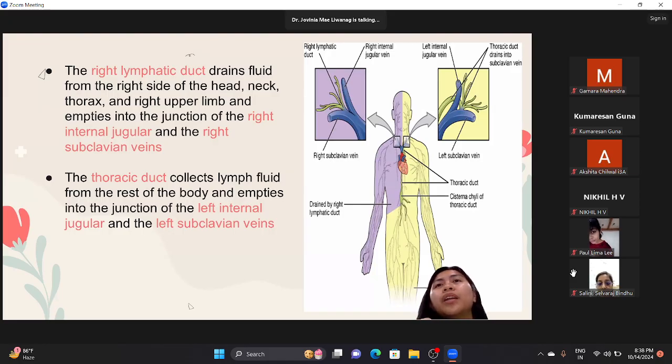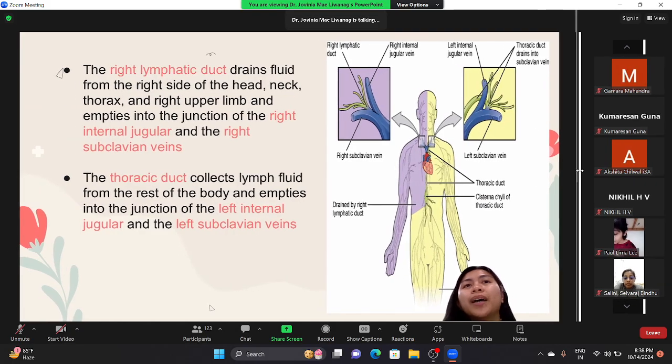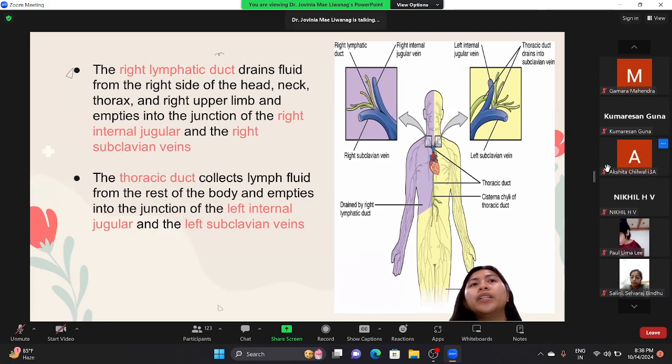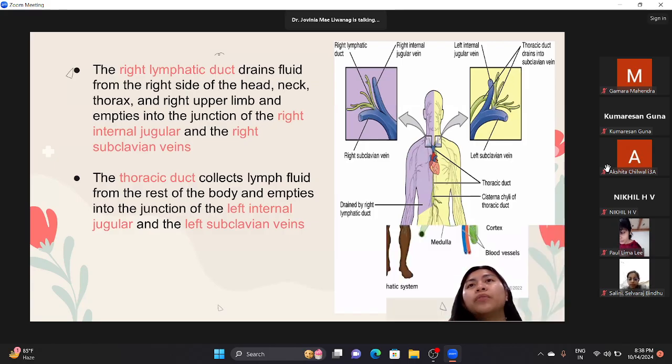This includes the right side of the head, neck, thorax, and the right upper limb, and they empty into the junction of the right internal jugular and right subclavian veins. The thoracic duct collects lymph fluid from the rest of the body. So the majority of the lymph fluid, including the left side of the body, is collected by the thoracic duct. So that's the brief anatomy.